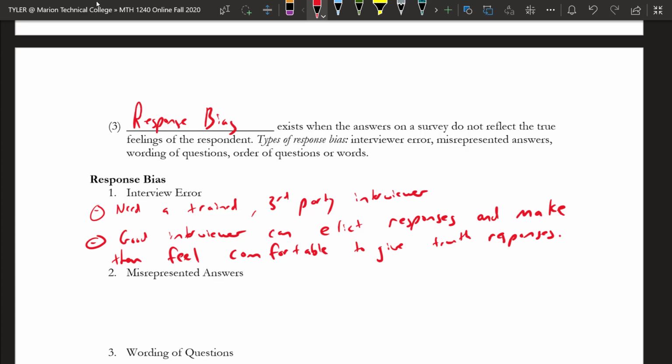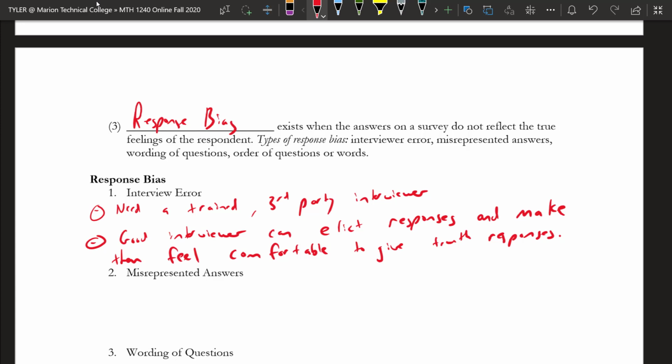But also, why do you want a third party interviewer? Let's say I worked for a car company, or really any company, and I'm trying to sell a product, and I have one of my employees do these interviews, and I report that 90%, 95% of the people who buy my product recommend it to others.